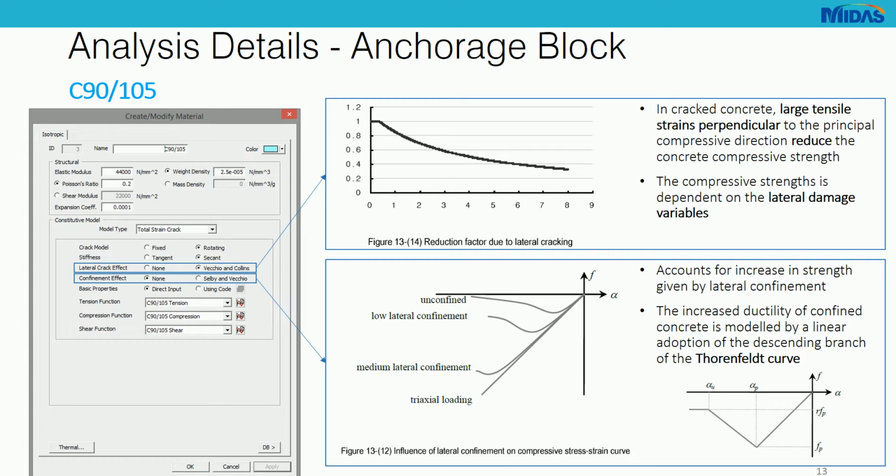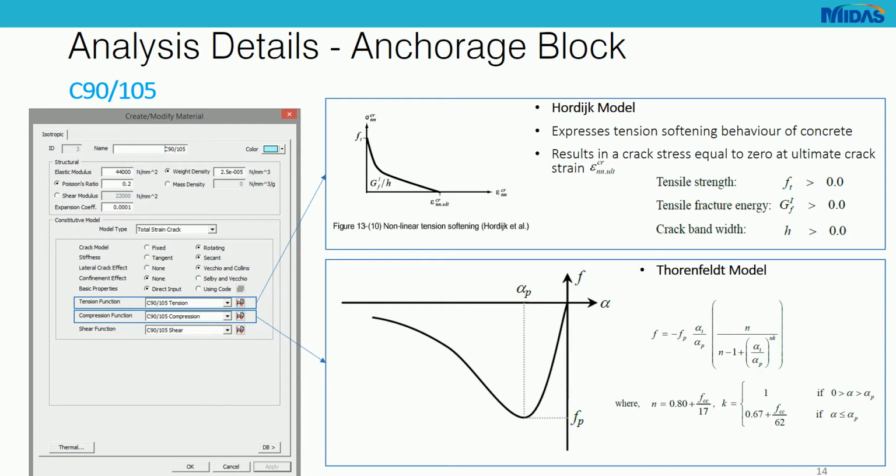As we apply the load in this model uniaxially, we apply it just as a straight load from the top, and we don't consider the reinforcement cage. We are not considering confinement in this analysis. And then for the nonlinear properties, we can define the tension, compression, and shear functions.